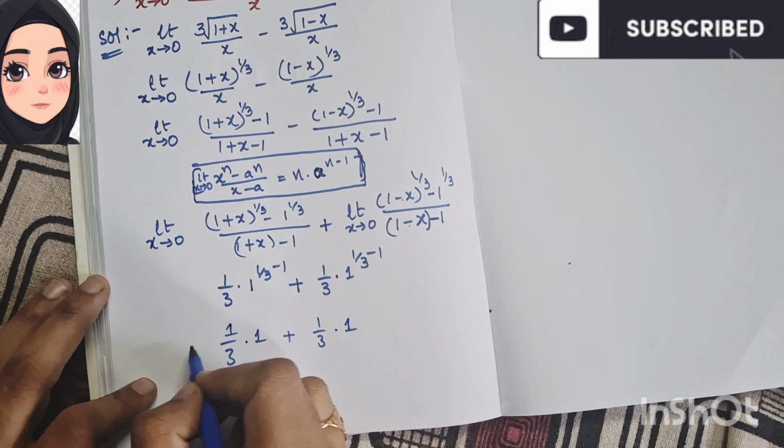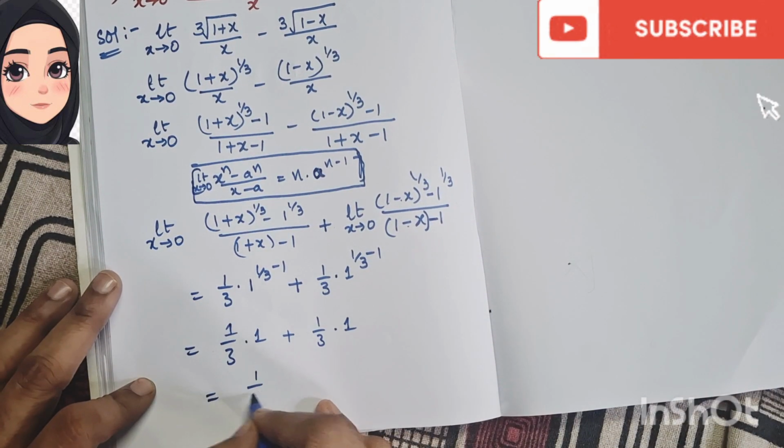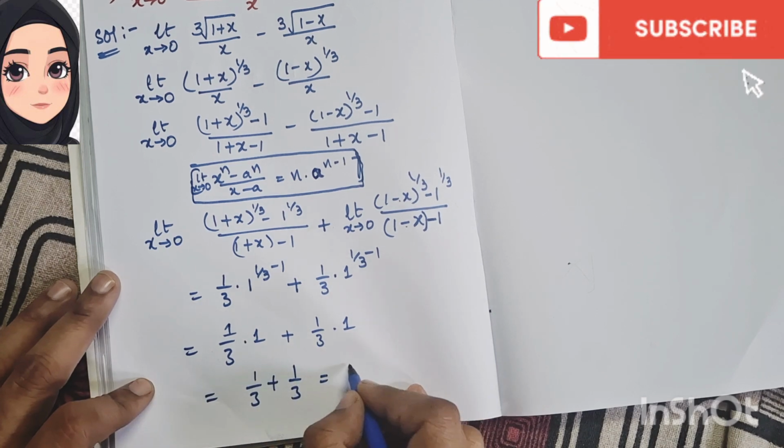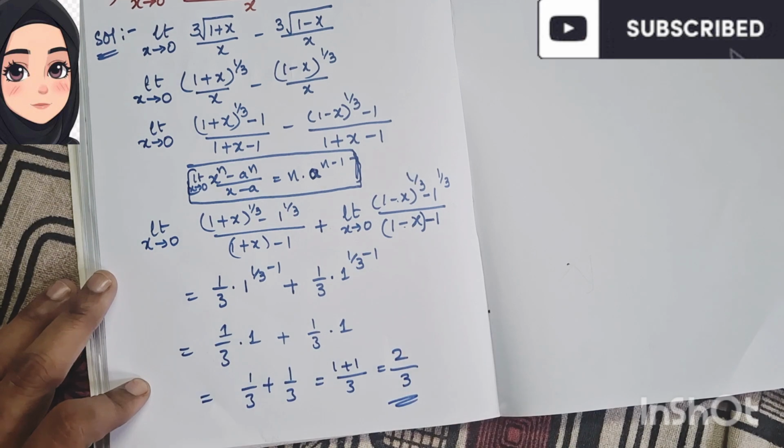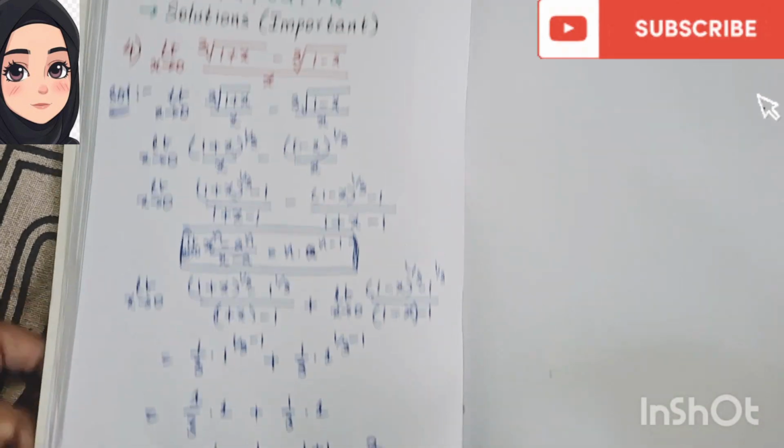So 1 by 3 plus 1 by 3 equals 2 by 3. That's all, this is the solution for this question.